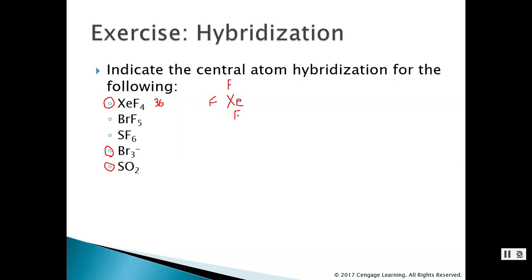I'm going to start distributing my electrons, single bonds first from the central to the outer atom. 2, 4, 6, 8. I've used 8 of my 36 valence electrons. Next step, octets on the outer atoms. 9, 10, 11, up to 32.